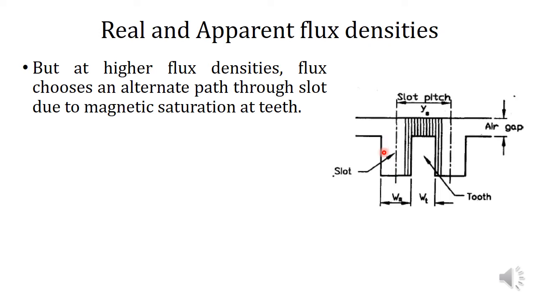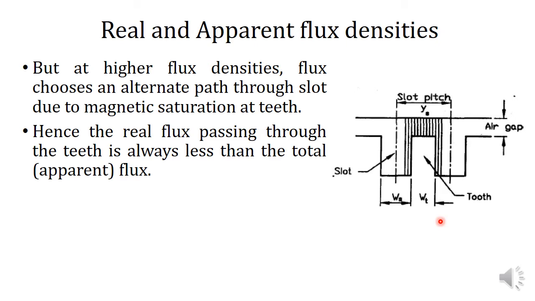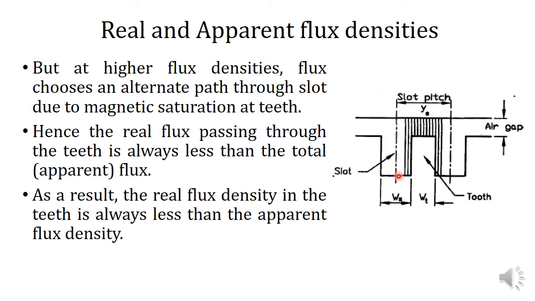So the flux passing through the slot will be high as compared to that of a machine with lesser flux density. So we can say the real flux passing through the teeth is always less than the total flux through the slot pitch, because the remaining part of the flux will be passing through the slot.